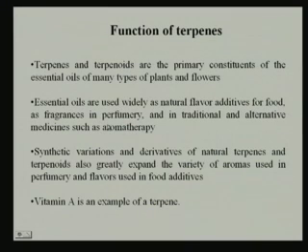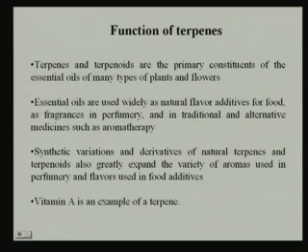One of the main applications of these terpenoids is in the field of medicine, such as aromatherapy. The synthetic variations and derivatives of natural terpenes and terpenoids also greatly expand the variety of aromas used in perfumery and flavors, which are used in the food industries or as food additives. Vitamin A is an example of a terpene molecule.